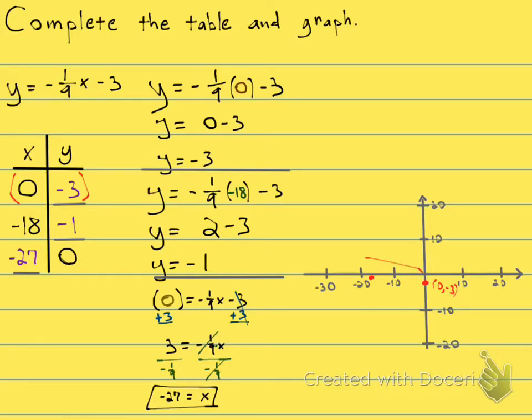So I'm going to go back 27 and then 0 up or down. So that's going to be about right here. All right, and then to graph a line that goes through it, there we go. There's the line. All right, so I have completed the table and graphed this linear equation.